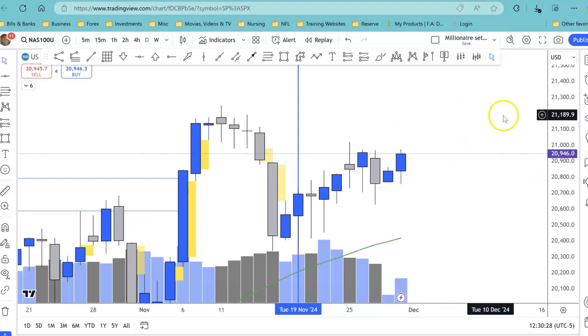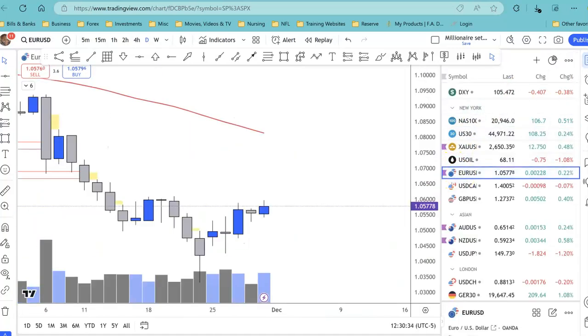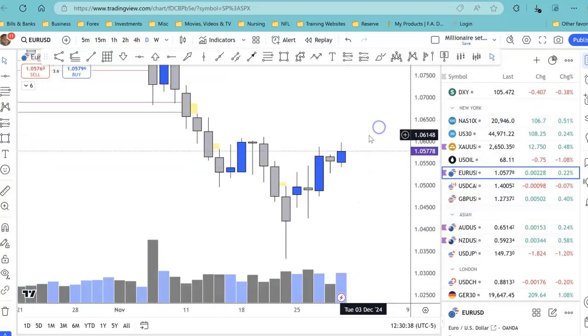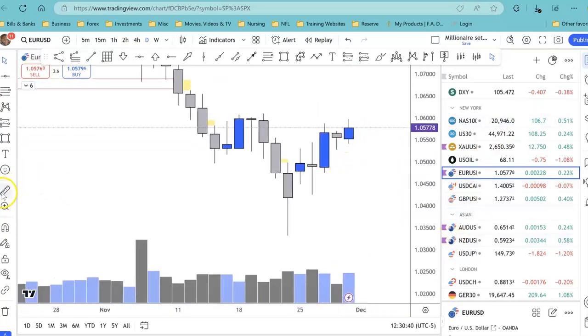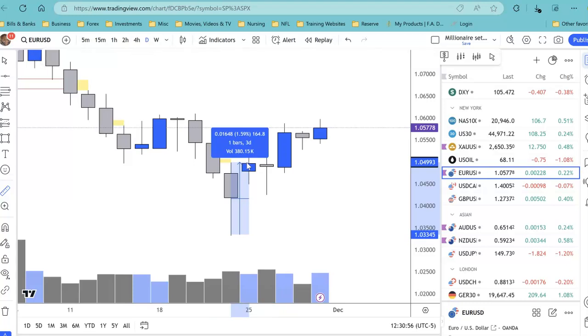Okay, so before we continue, let me show you what it looks like on a normal pair. We're just going to use EU. The way you calculate the pips on a normal pair, say I'm going to use this candle for example, I'm going to draw the ruler up from wick to wick. As you can see, this box shows 164.8 on the right.